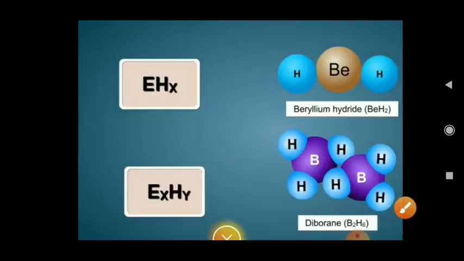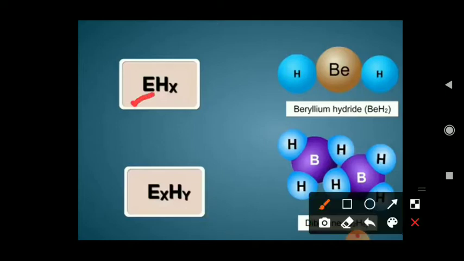For example, EHx, where E is some element, H means hydrogen, and x means the number of electrons lost, shared or given for the particular element.